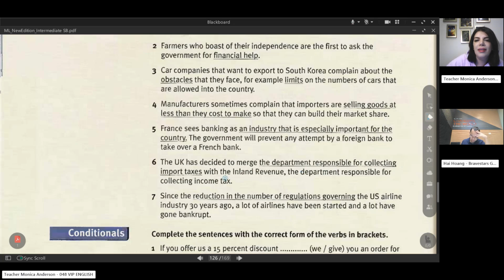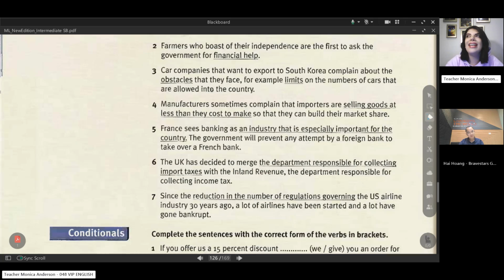I'm not sure. So what do you think about customs? Of course, the department responsible. It's similar with authority, of course, can be. Customs is similar with authority, official.